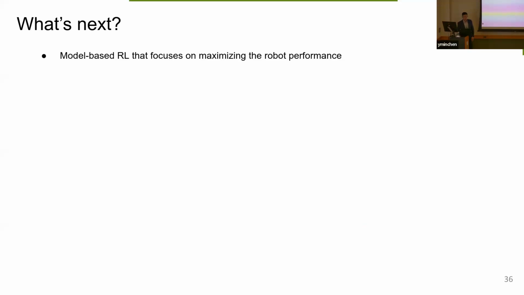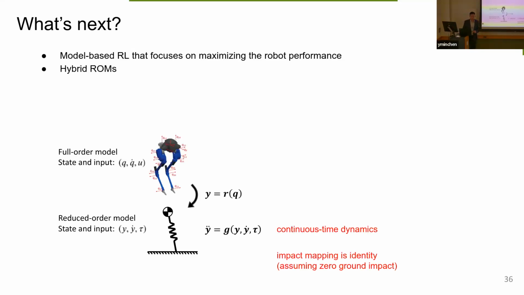Okay, so that was the first future work. And the second future work is, let's look at the reduced model definition that I had. I have this projection function and also continuous time dynamics. But leg locomotion inherently involves hybrid dynamics.